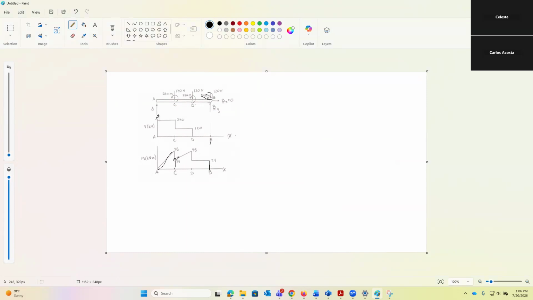Instead of drawing lines, I'm going to draw points. So we have a 24 right here that is given by moving the forces to the B. Another 24 right here, and another 24 right here. And we know that that 24 connects to 0. That's the first line.